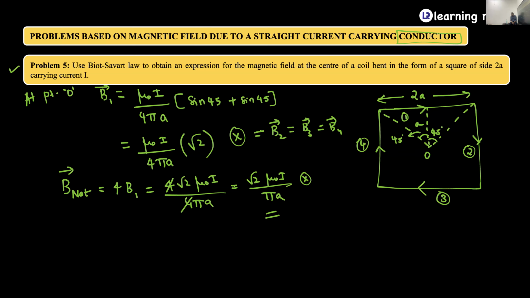Suppose there are N turns, just multiply the magnetic field with N. The turns are in series, so the field gets multiplied by the number of turns. Clear?